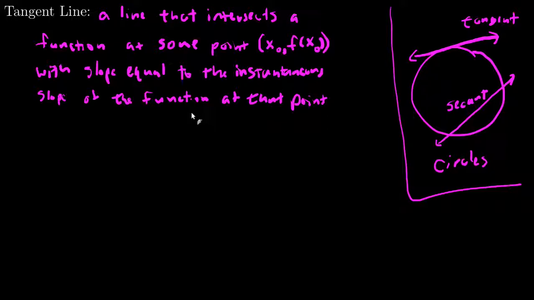Now, it has to be a little bit more specific because functions come in various forms, and a function in general does not have slope the same way that a line does. So if I consider, let's just say, x squared, this tangent line at this point here will look very similar to the tangent line of the circle.